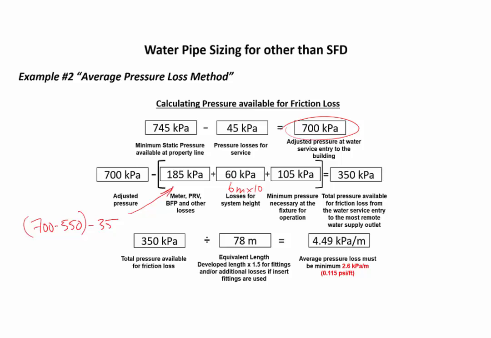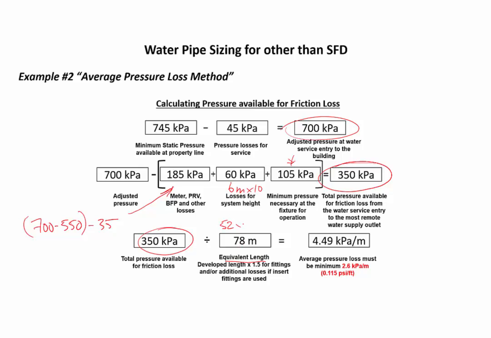6 meters was the height, so 6 meters times 10 kPa per meter, sorry, will give us the 60 kPa deduction there, and the minimum 105 kPa is a standard design number. So 350 is what we get left over, and we carry that down here, divide it into the equivalent length.